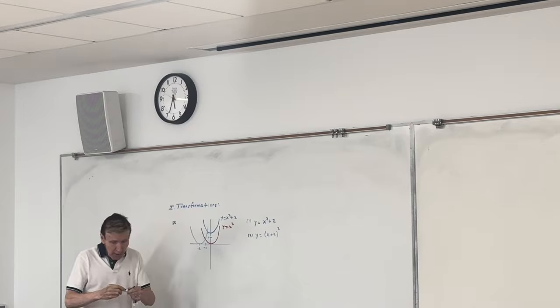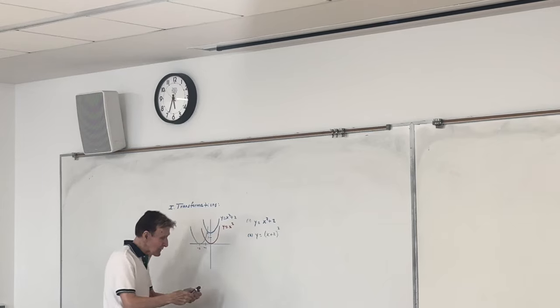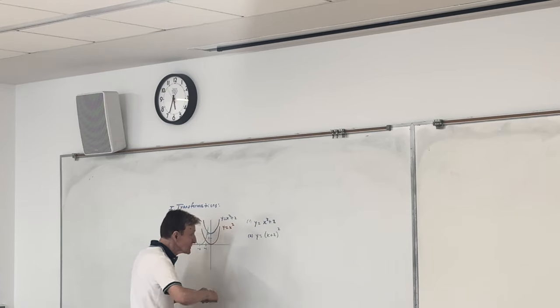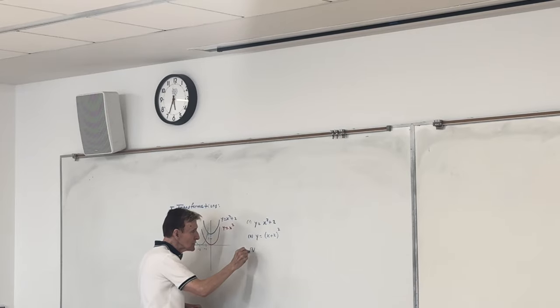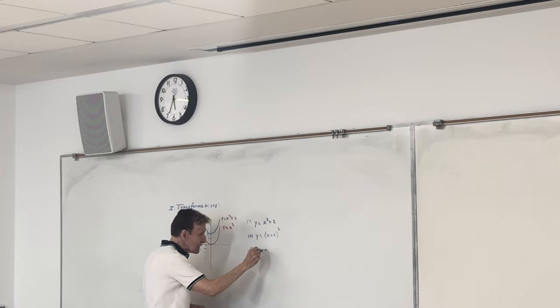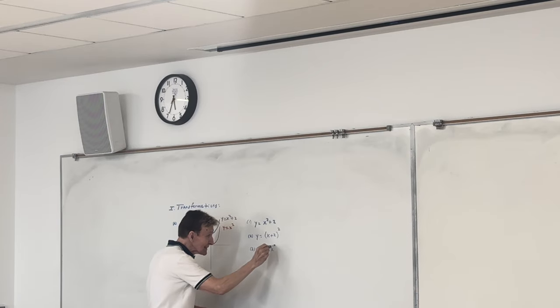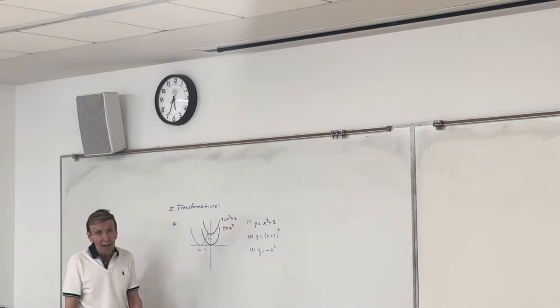I'll try one more before I have Michael read for me. Does anyone think they might recall the next one may look like this? y is equal to a negative sign out front of x squared.